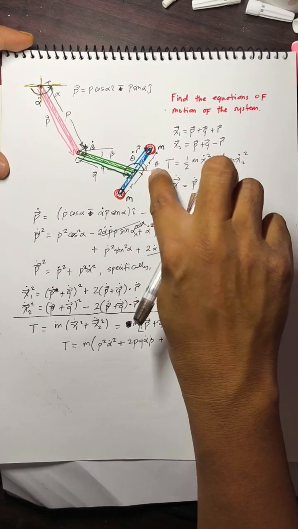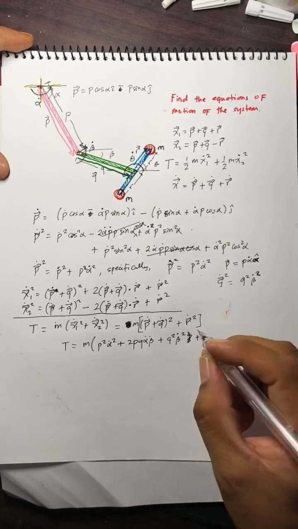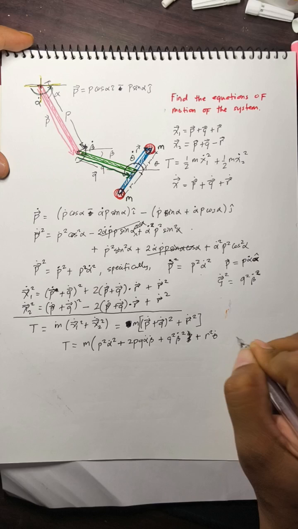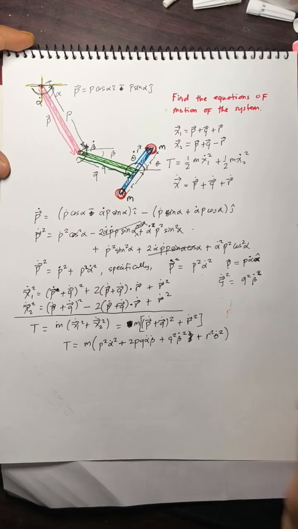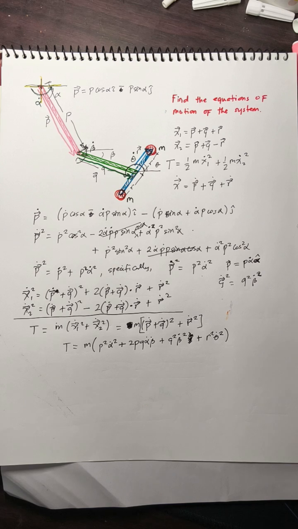Notice that r dot squared is again the same. R dot is just equal to r times theta dot, so this is r squared theta dot squared. Okay, so this is now our kinetic energy.